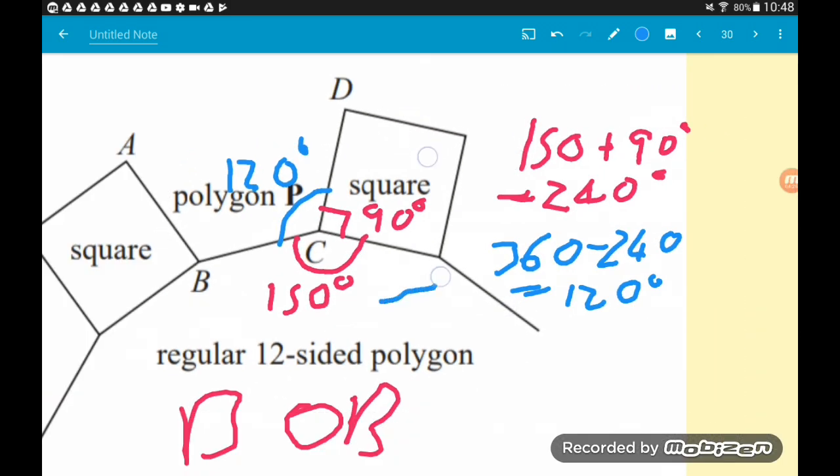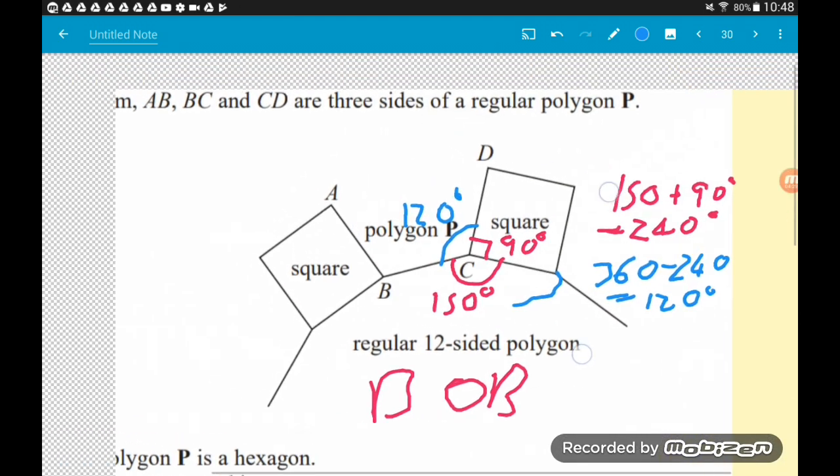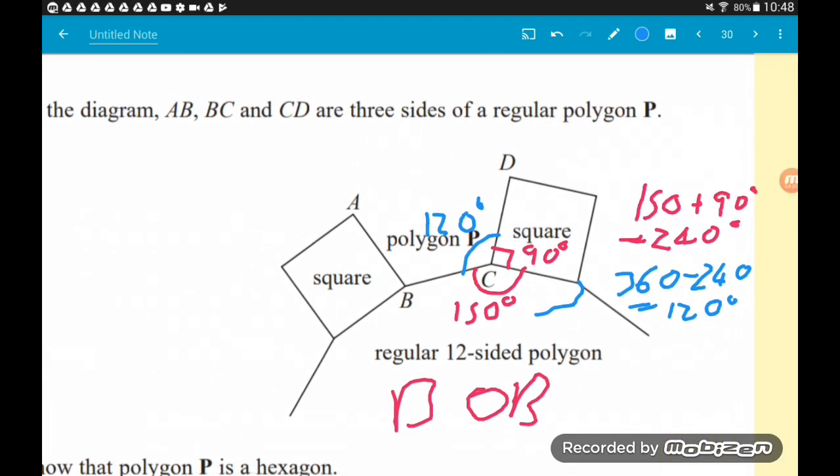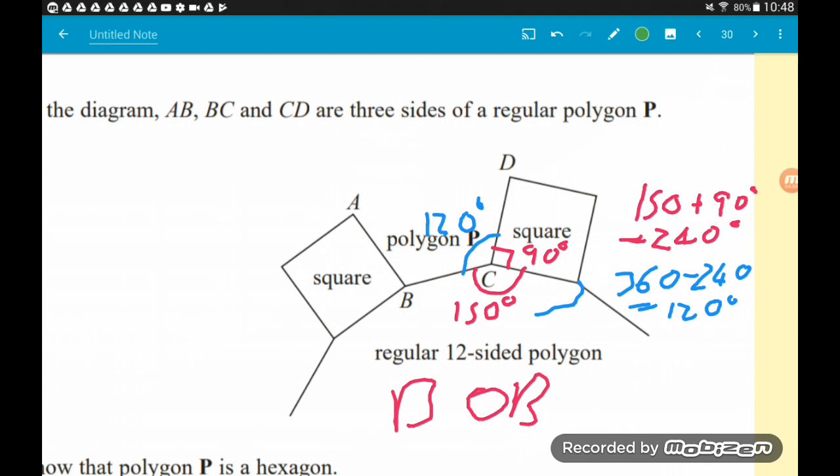So what can we do now? Well, remember that interior angles and exterior angles always add up to 180 degrees.